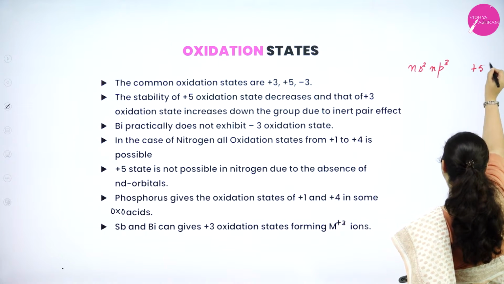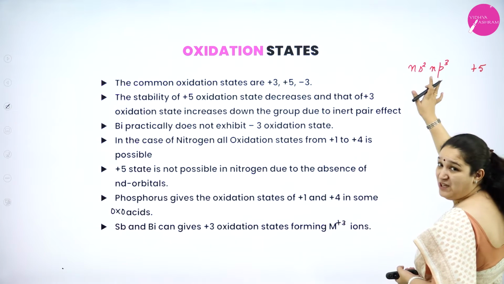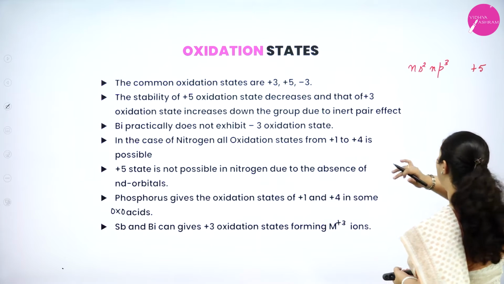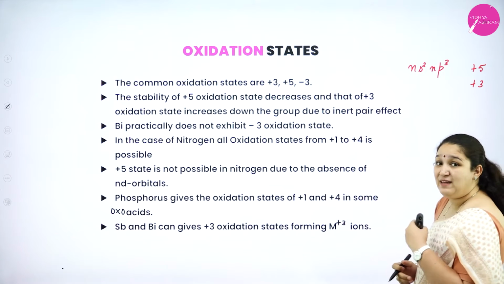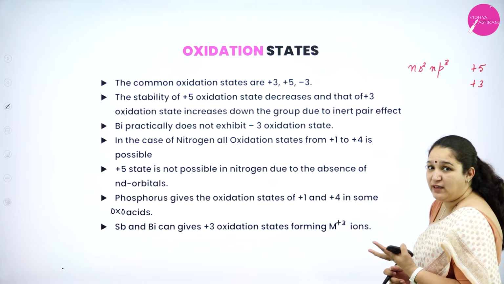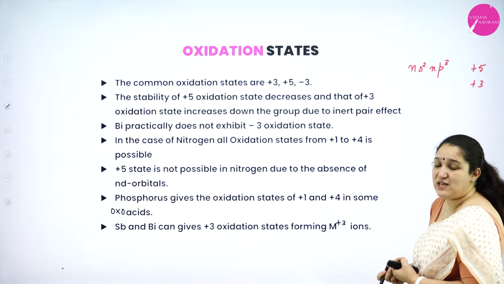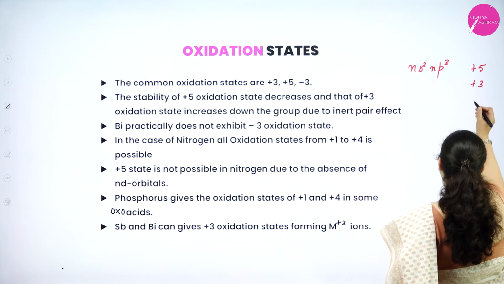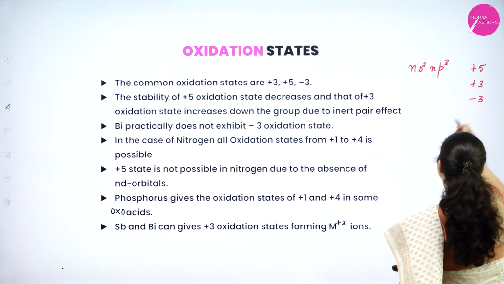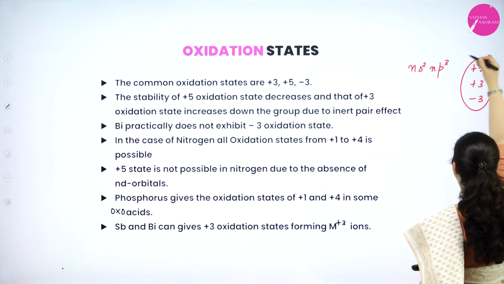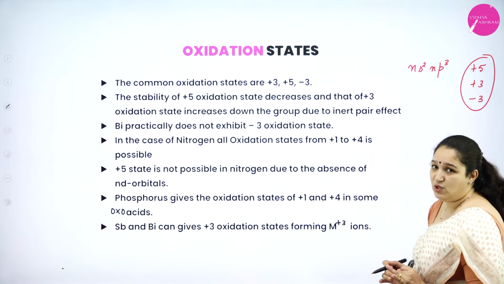So it can show +5 oxidation state, or only if the electrons of the p shell are involved, then it can show +3 oxidation state, or if the element is more electronegative, that is it has the tendency to pull the electron towards itself, just like nitrogen, then it can also show -3 oxidation state.